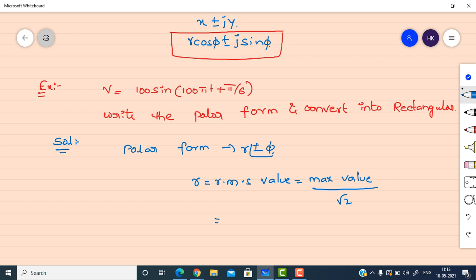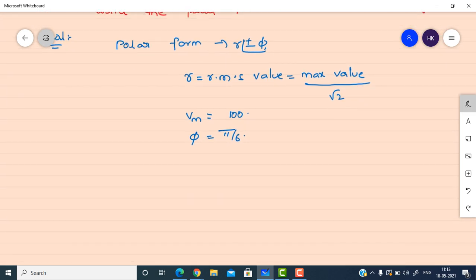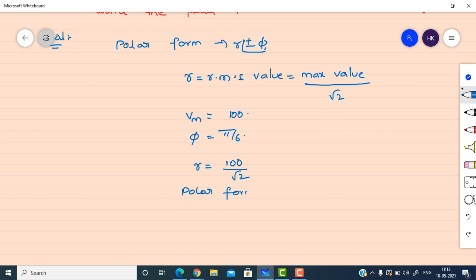So the Vm value is 100 and the phi value is pi by 6. Now we can find the polar form. So r is equal to the maximum value by root 2, 100 by root 2. Therefore the polar form is r at an angle phi, 100 by root 2 at an angle pi by 6, which means 30 degrees. So this is the polar form.